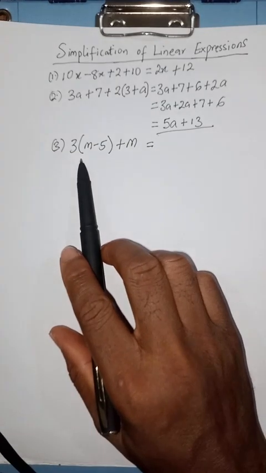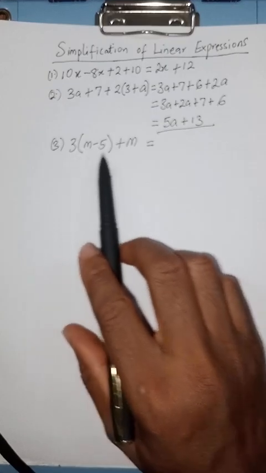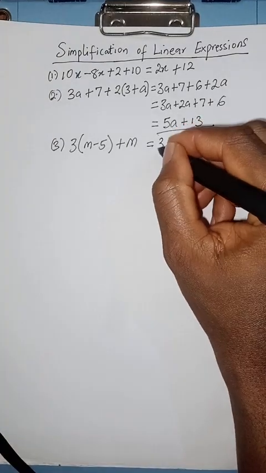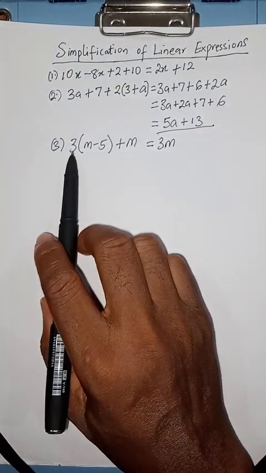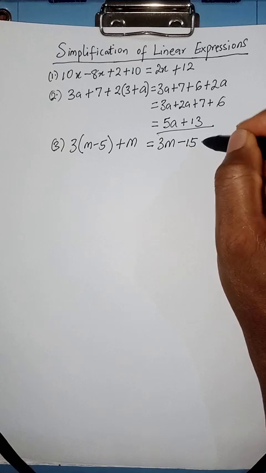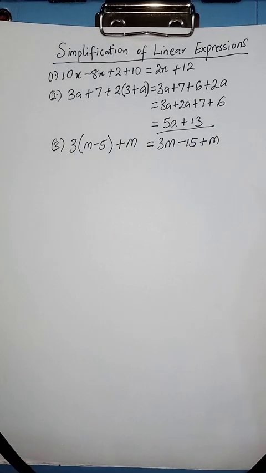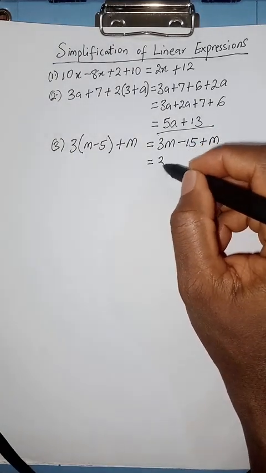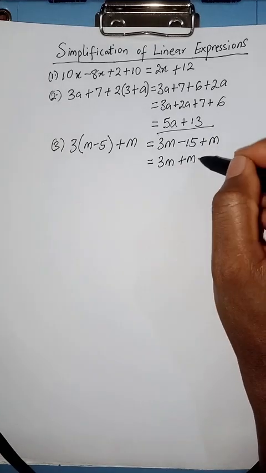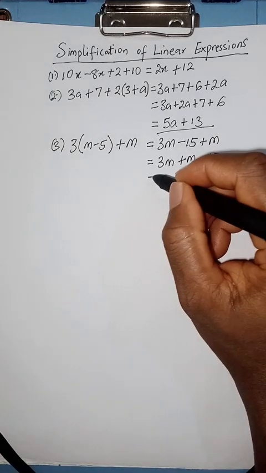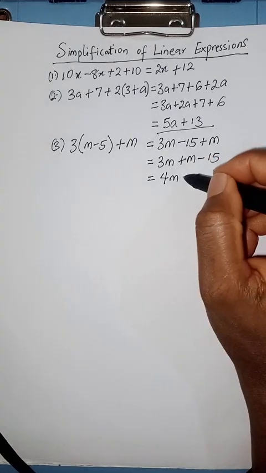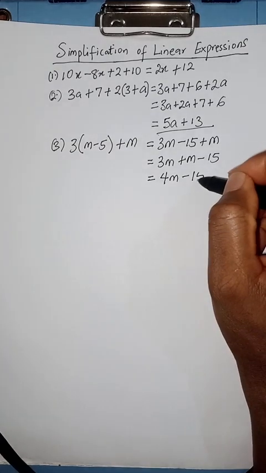Again, there's a bracket, so I'm going to expand the brackets. 3 times m will be 3m. 3 times minus 5 will be minus 15 plus m. Collect like terms. This will be 3m plus m minus 15. 3m plus m is 4m minus 15.